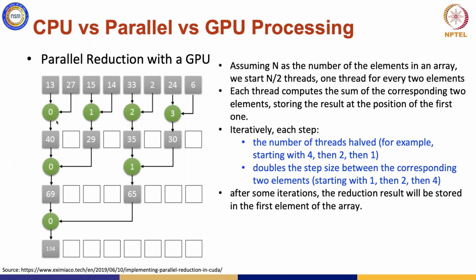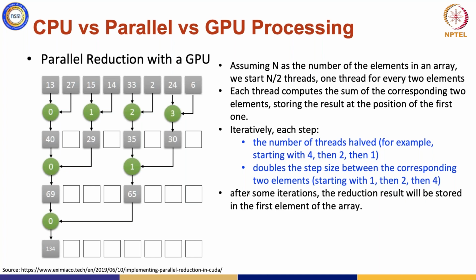Iteratively at each step, the number of threads is halved, and the step size between the corresponding elements keeps doubling, and ultimately you get the sum of the array, and then you get the result. So this is how you move from sequential execution thinking to parallel, and then to the concept of GPUs with many threads.